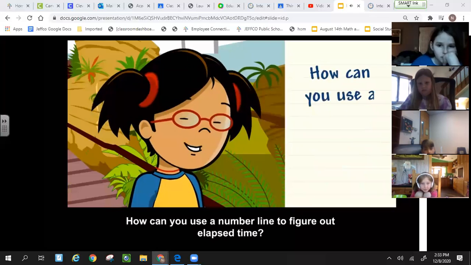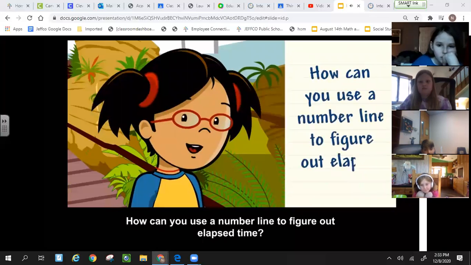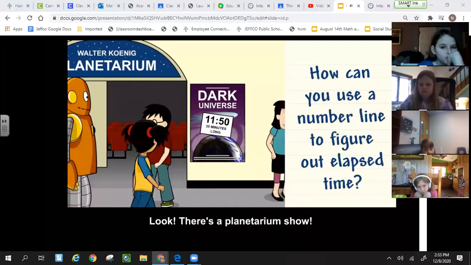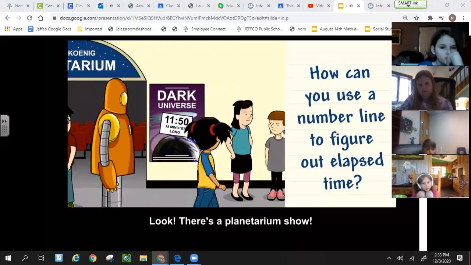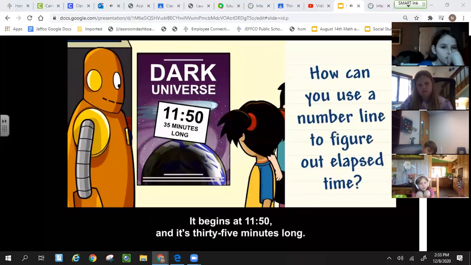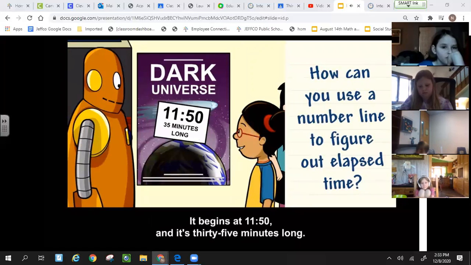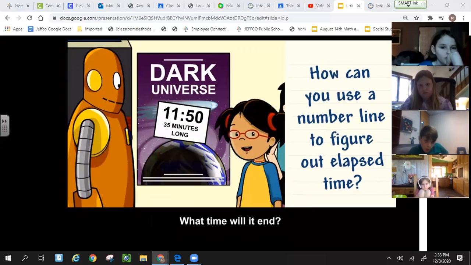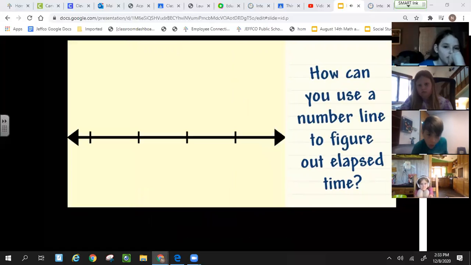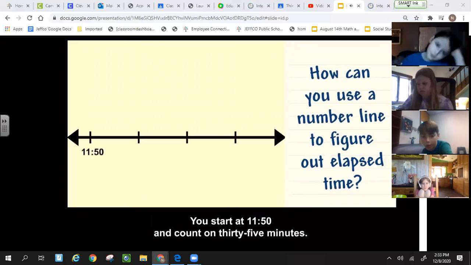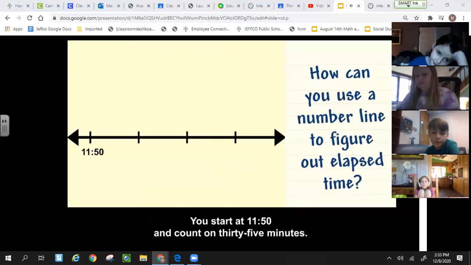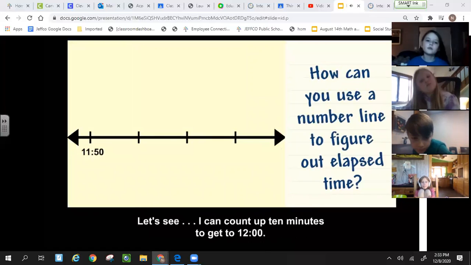How can you use a number line to figure out elapsed time? Look, there's a planetarium show. It begins at 11:50 and it's 35 minutes long. What time will it end? You start at 11:50 and count on 35 minutes. Let's see.